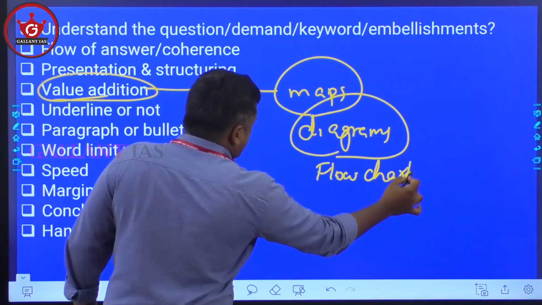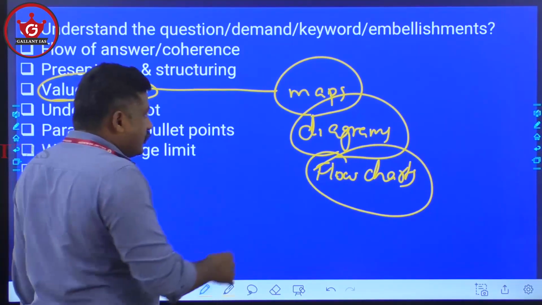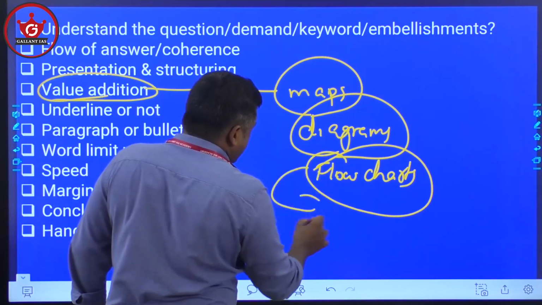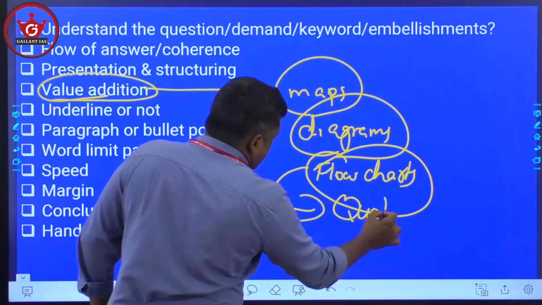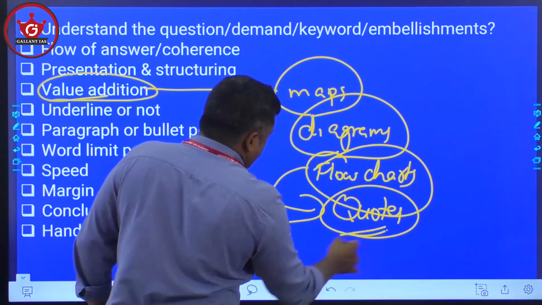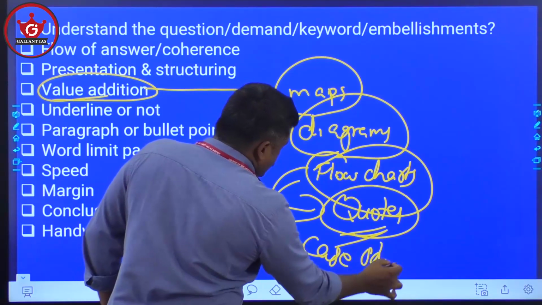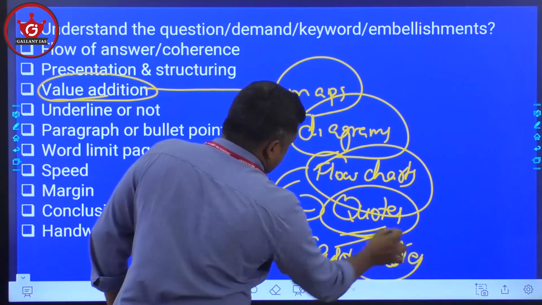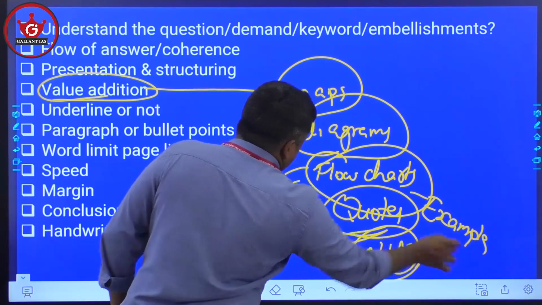You can use quotes, if it is necessary. Only if it is necessary, you can use the quotes. You can use case studies if it is necessary, or examples. So all those things can be added as value addition.